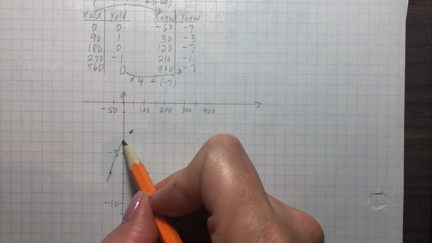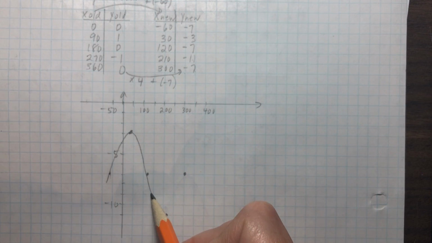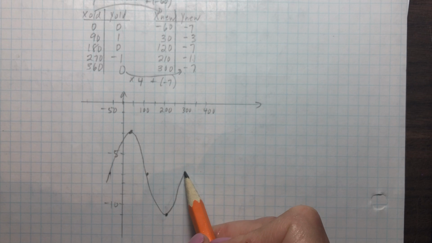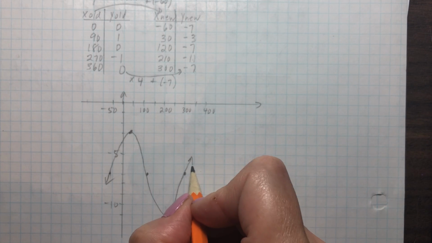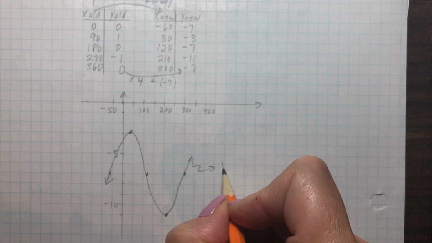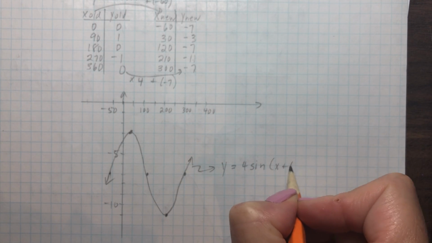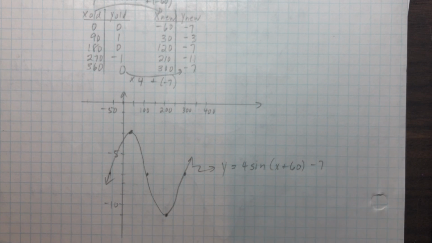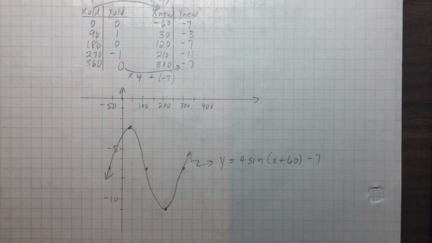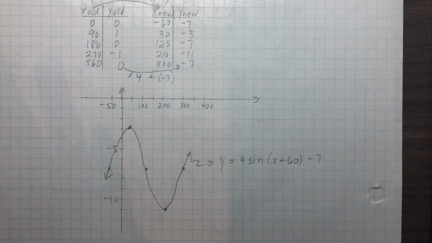Drawing a smooth curve through those points, I would end up with a sine function, and the sine function would represent the given one of y is equal to 4 sine (x plus 60) minus 7. Verify that the graph is in the right location by looking at your translations.